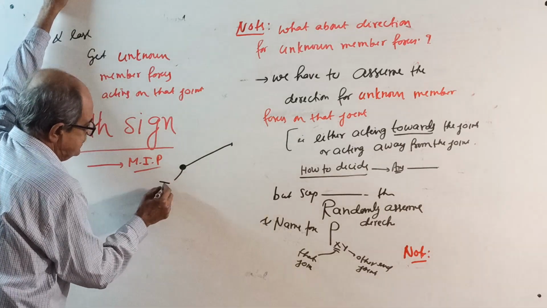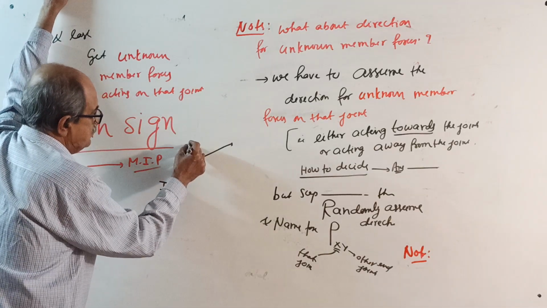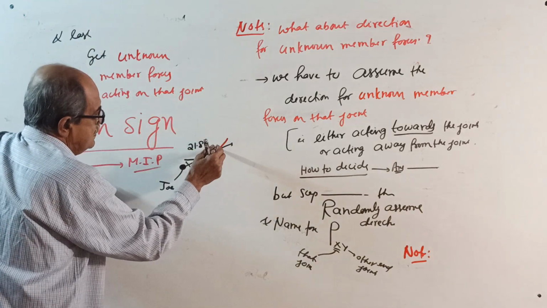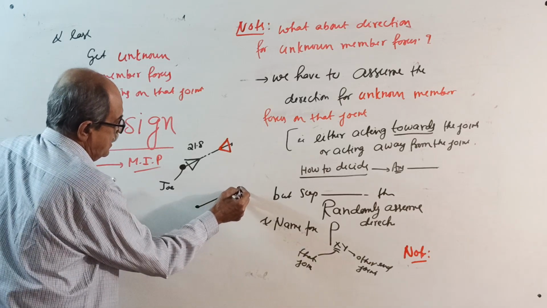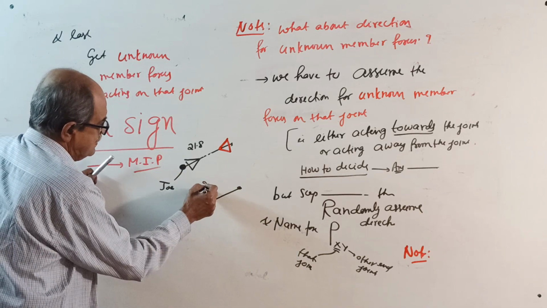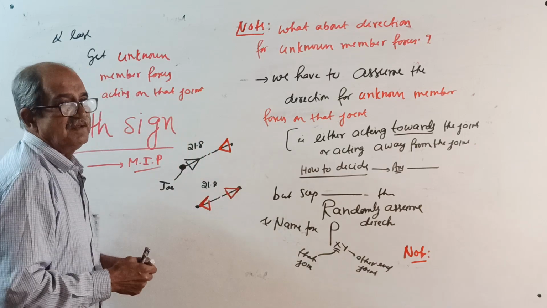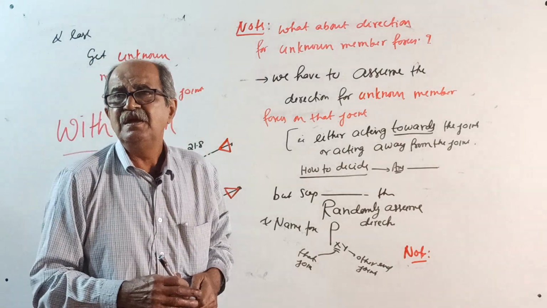If the entry is like this, something, say 21.8, immediately enter the opposite here. Or suppose the same joint, if the entry is like this, how much? 21.8. Immediately enter the arrow mark there. Value right in between. Answer right in between.